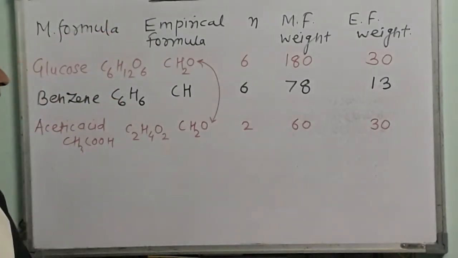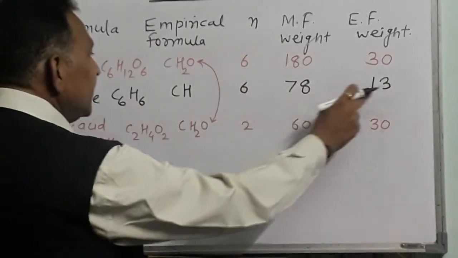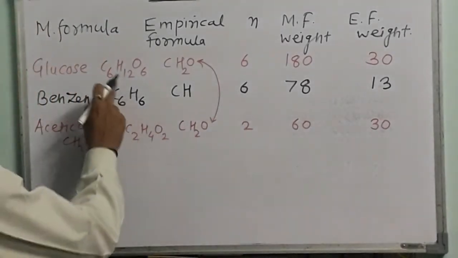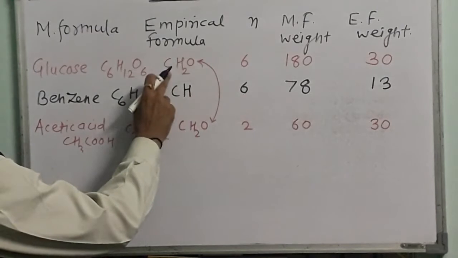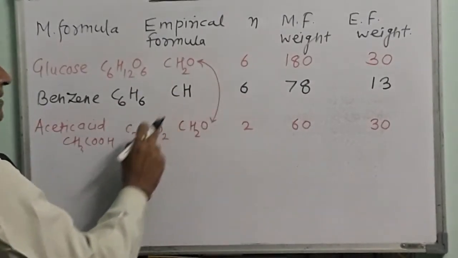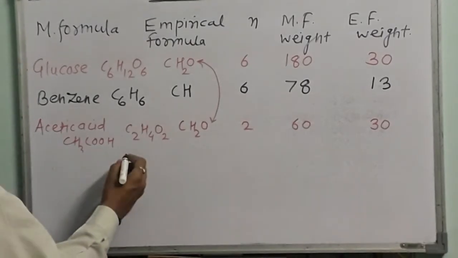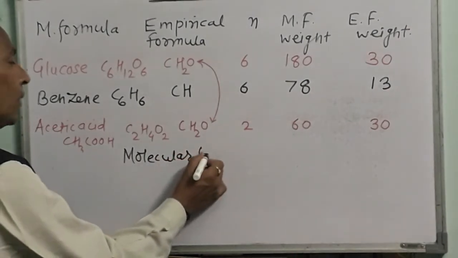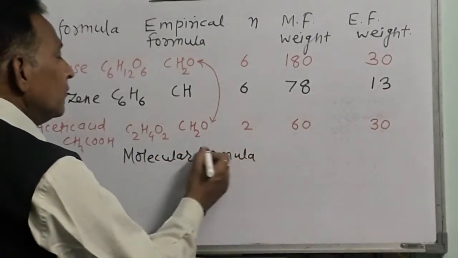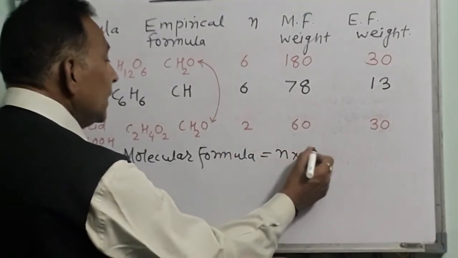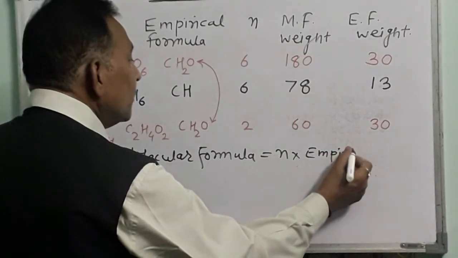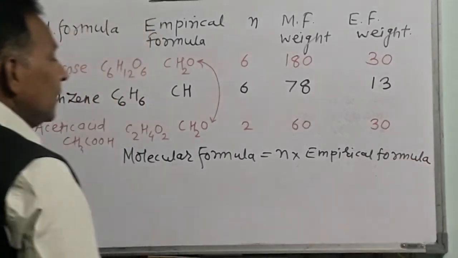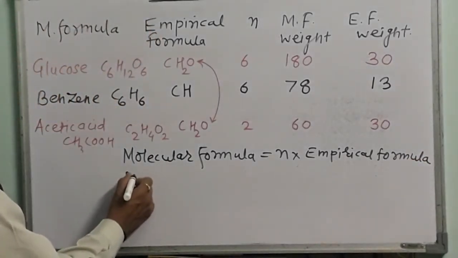If you see the examples, 180 divided by 30 is 6, 78 divided by 13 is 6, 60 divided by 30 is 2, and therefore here we can write C6H12O6 is equal to 6 multiplied by this is equal to 6 multiplied by this is equal to 2 multiplied by this, and therefore we can write molecular formula of a compound is equal to some value N multiplied by empirical formula.